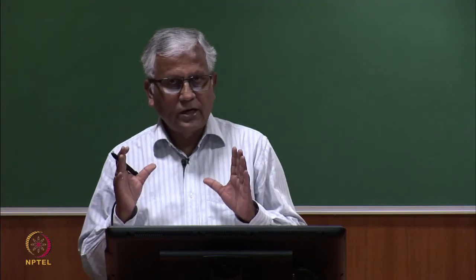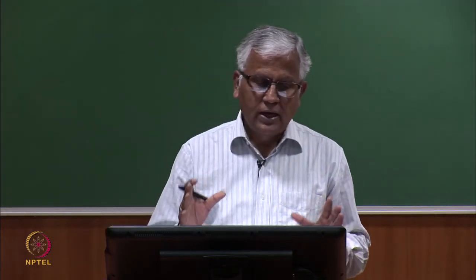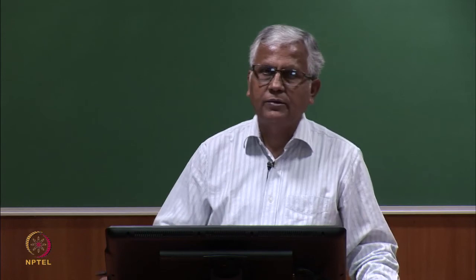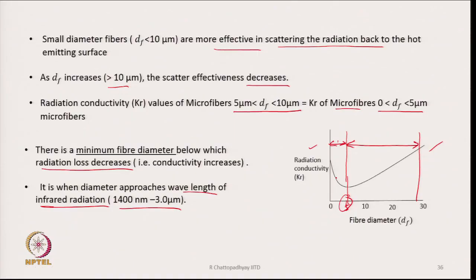So, we have to take care of radiative loss also, and there the diameter of the fiber plays a very important role. So, there is a certain diameter which is less than 10 micron. Suppose in this zone we have a range of fiber diameter which is coming from here to there, when we get very low conductivity and therefore, less loss of heat.